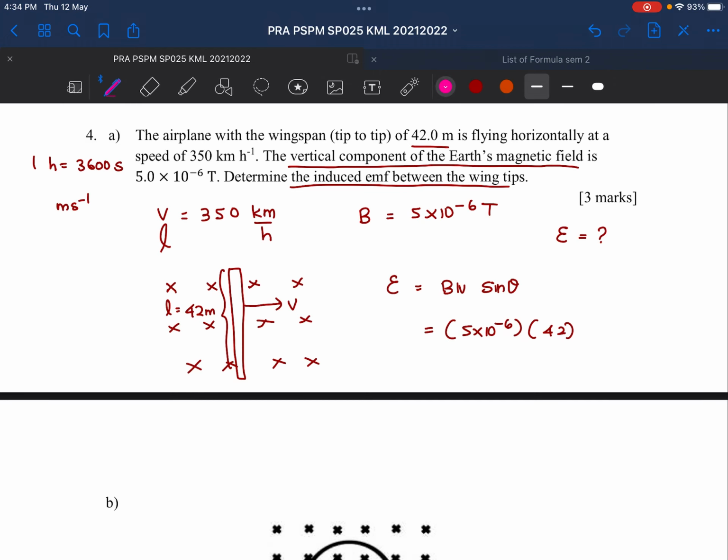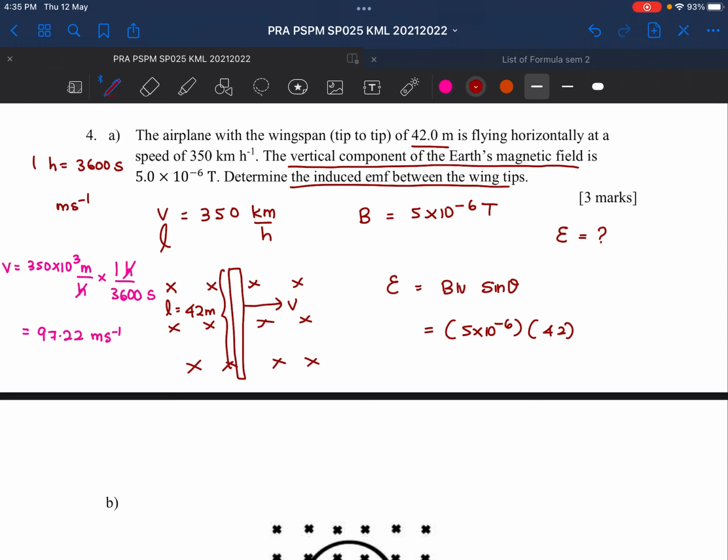So V is equals to either one the hour, and then I know 1 hour equivalent to 3,600 second. So ni potong. So I think you will get your V dalam meter per second adalah 97.22 ms negative 1.